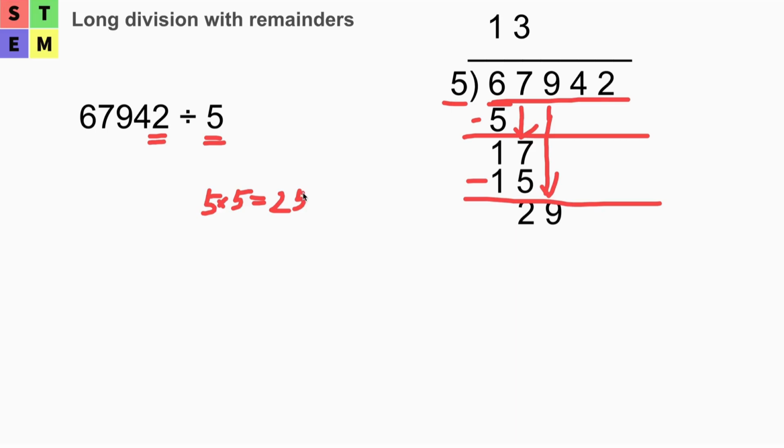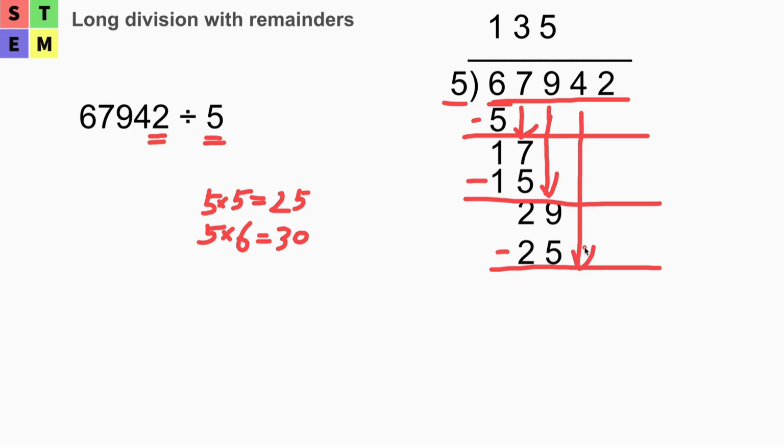Okay, and 5 times 6 equals 30. All right, so in this case we got 29 there, so we'll have 5 there. Then we will have 25, and 29 minus 25 equals what? Equals 4, right? And we'll have 4 go there.